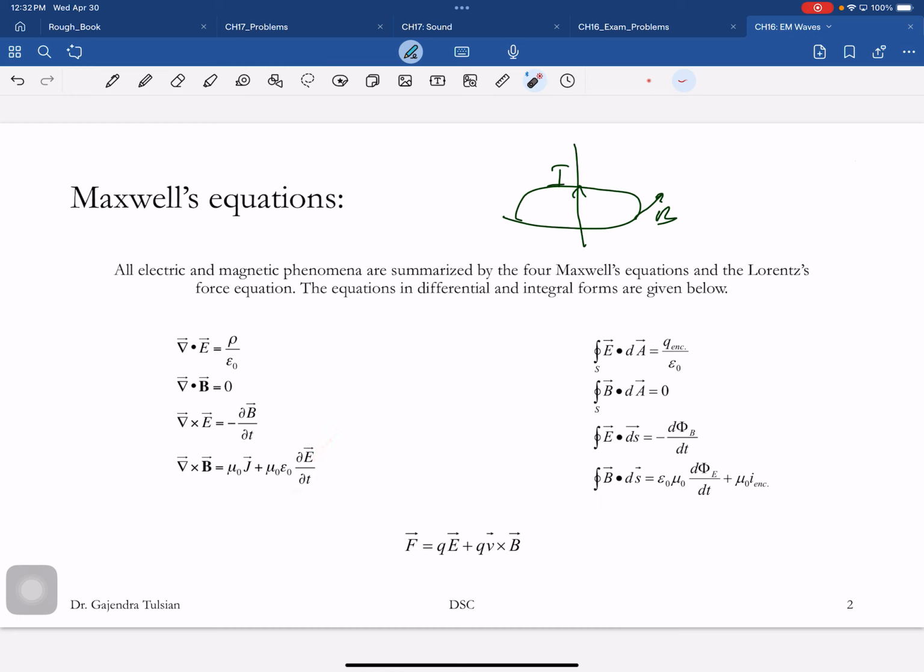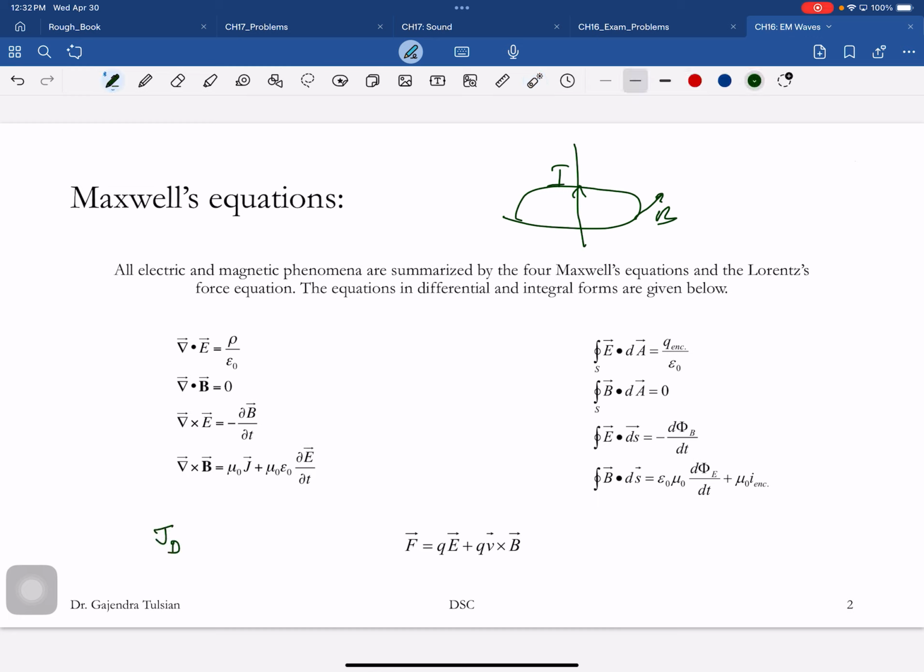And you see, if you look at this term, that term is exactly like that. And this is called the displacement current density. So time-varying electric fields are behaving like currents. Okay, so that's what that is.